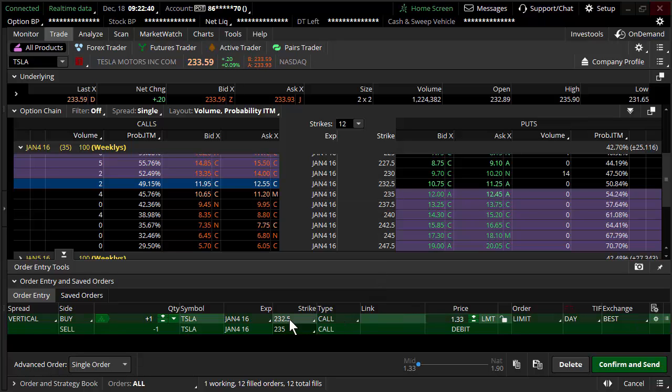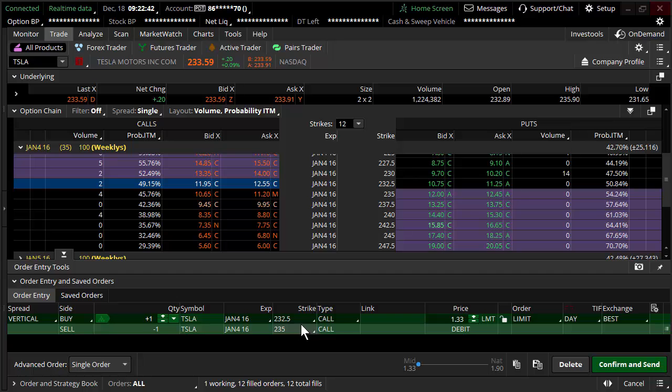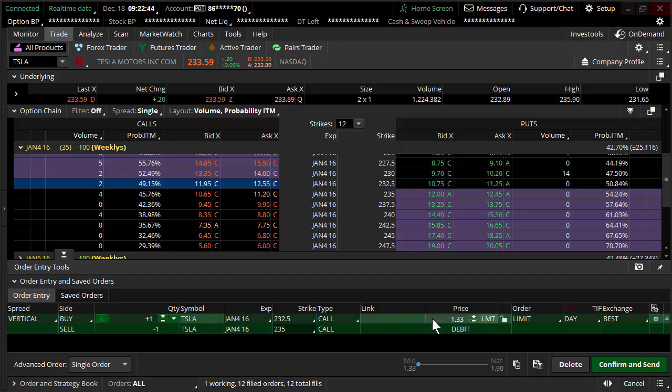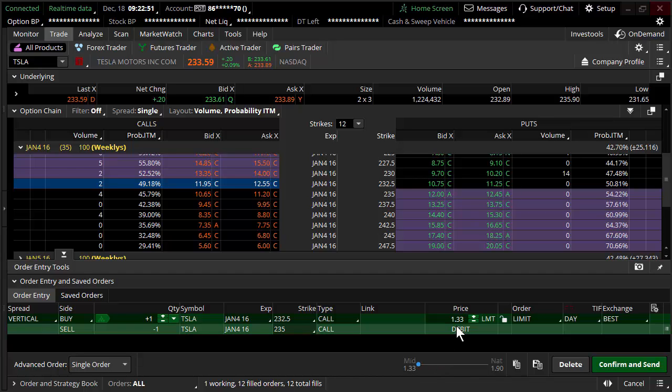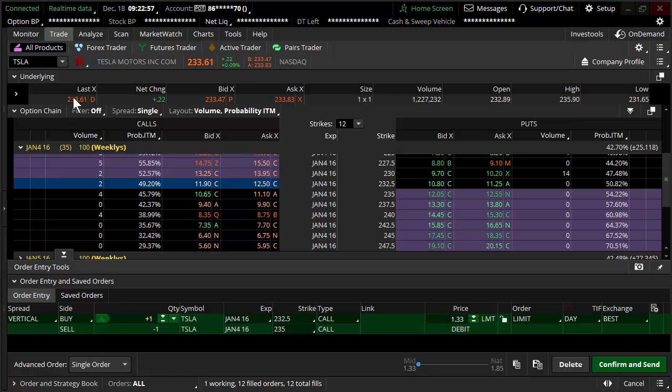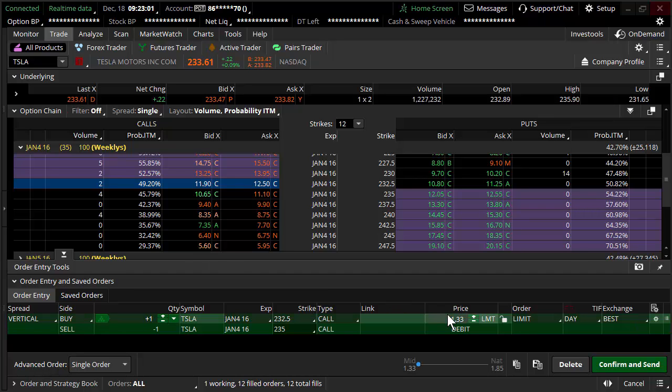It's just a $2.50 wide vertical spread, and right now it's trading for about $1.33. This is a live market. We're open today, so it's bouncing around a little bit. Doesn't matter so much about the price of the spread, but you're looking at the stock, it's up, it's down, it's all over the place. The spread is trading for $1.33.